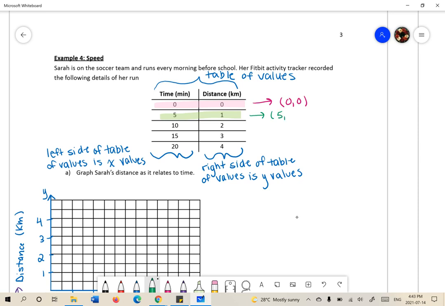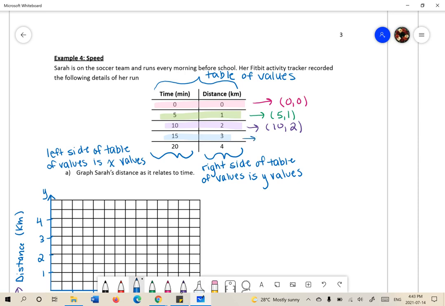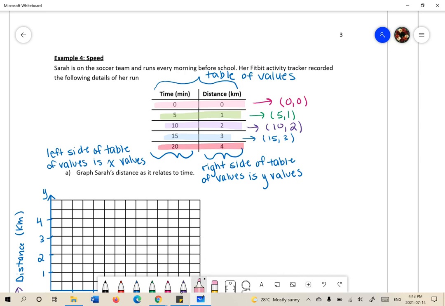Next, 10, 2. Next, 15, 3. And finally, 24.